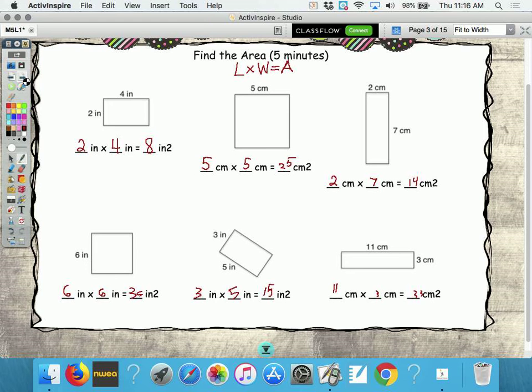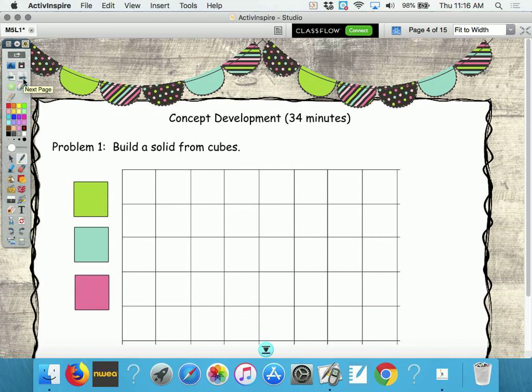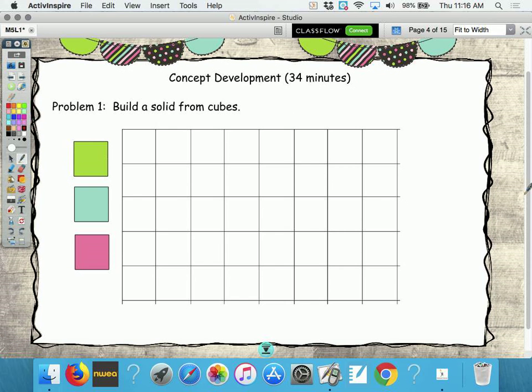Okay, let's take a look at the lesson for today. Now, when we do this lesson, it's very important that you follow directions specifically, okay? So right now you need a colored pencil.